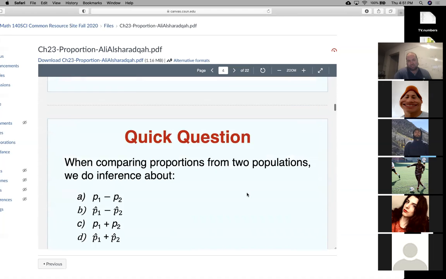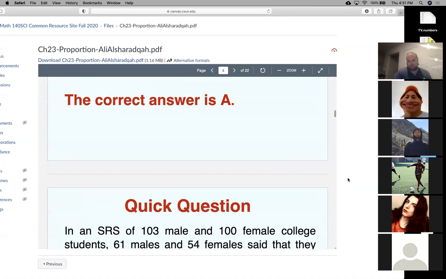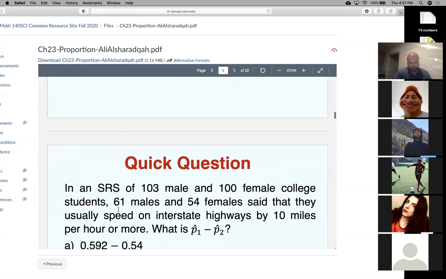I can't really go any deeper. Successes divided by trials, 61 over 103. It's like if I shoot 100 baskets and I make 27 of them and I say, what's my proportion of successes? It's 27%, 27 over 100. Right?